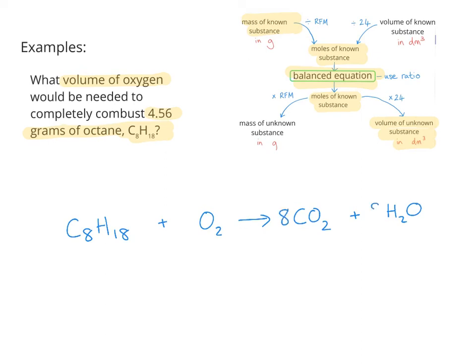I'm going to have 9 water molecules because there's 18 hydrogens. That's going to give me 16 plus 9, so that's 25 oxygen atoms. Oxygen goes around in pairs, so I'm going to do 12.5 as my moles of oxygen. I'm just going to rub that out so it's a bit easier to see.